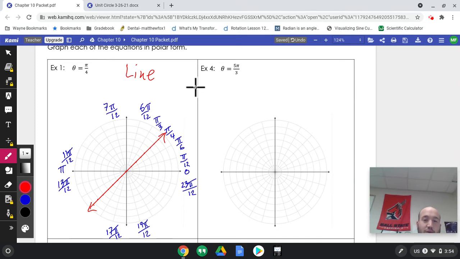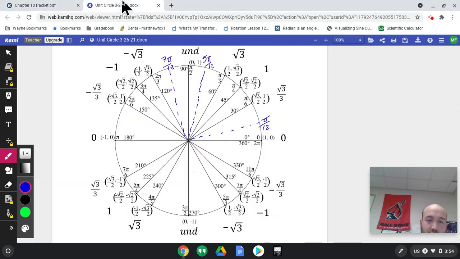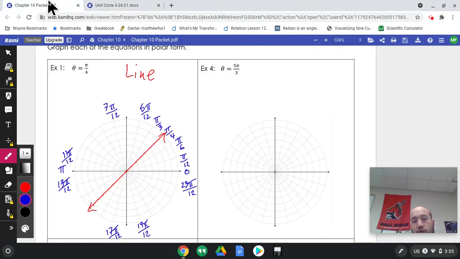So likewise, on the next one, to get theta of 5 pi over 3, all we have to do is find where 5 pi over 3 is. So if we forget, we can look at our circle down here in quadrant 4. Now be careful, there's that extra line on here. The reason we have these, also Delta Math has these extra lines on this assignment, so I wanted you to be aware of it. So right here, this one is 5 pi over 3.